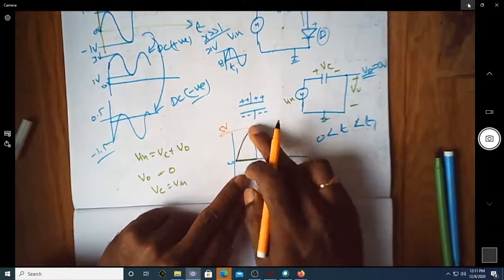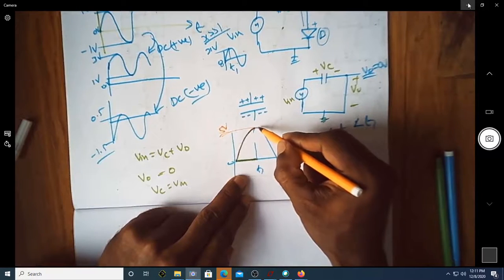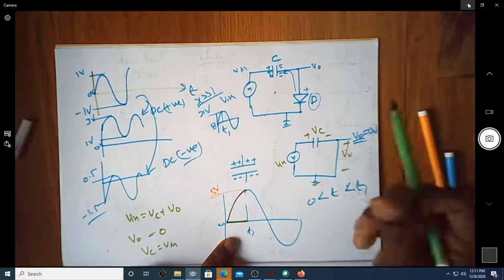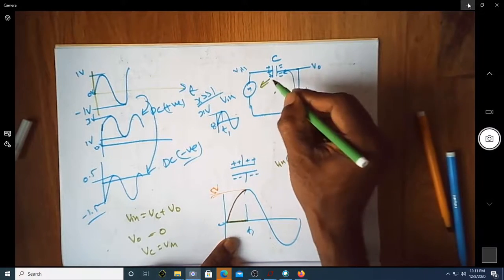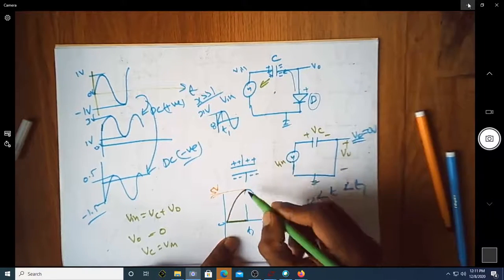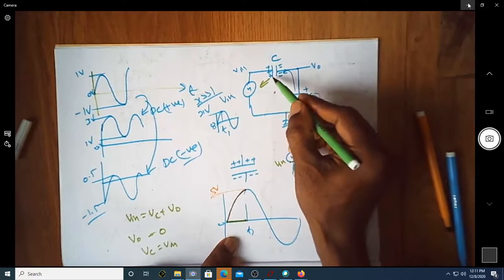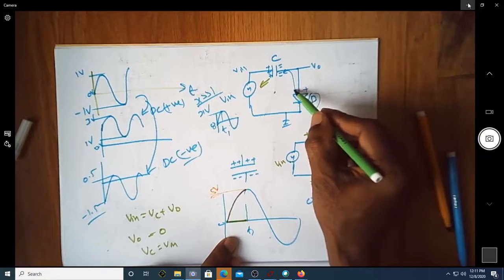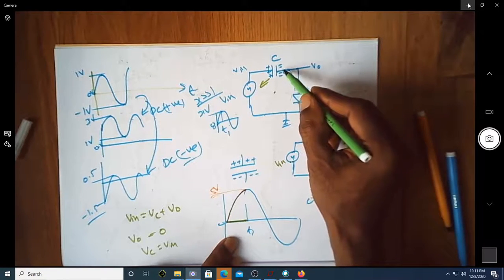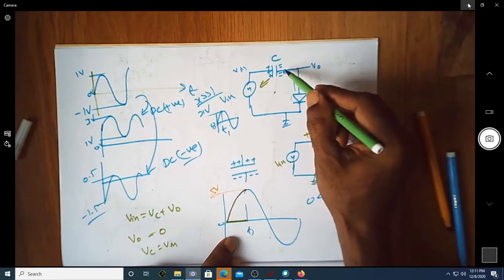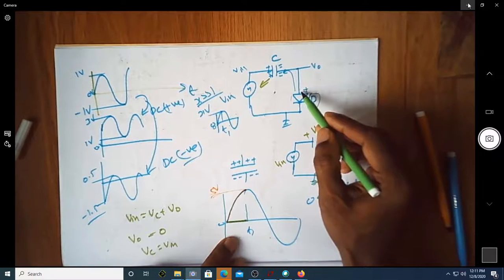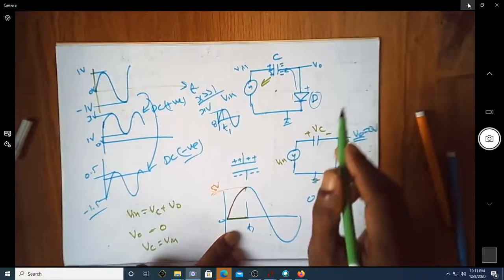Once time t1 has elapsed, you can see the input voltage started reducing. As the voltage reduces, the capacitor has to discharge. If it has to discharge, then the diode has to now take the negative charges back. Once it starts taking the negative charges back, the diode which was on will ultimately become off.